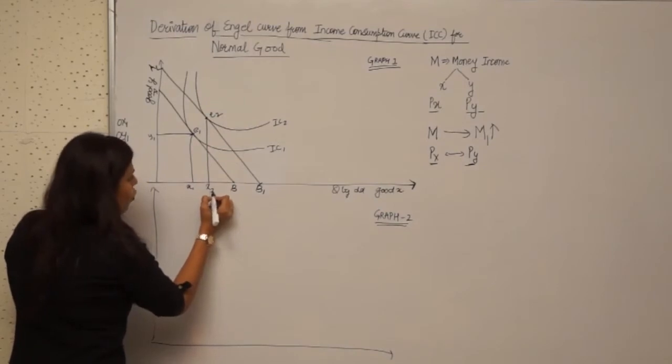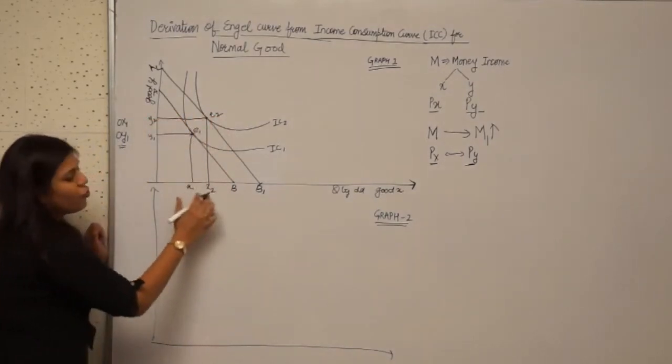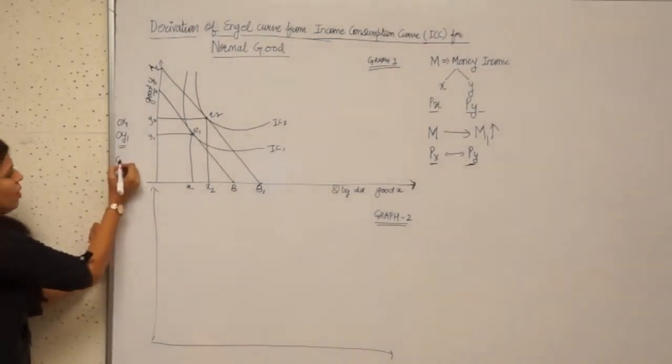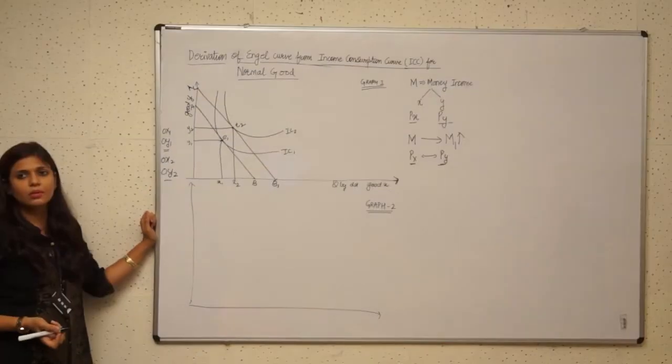At point E2, the consumer is consuming OX2 units of X and OY2 units of Y.